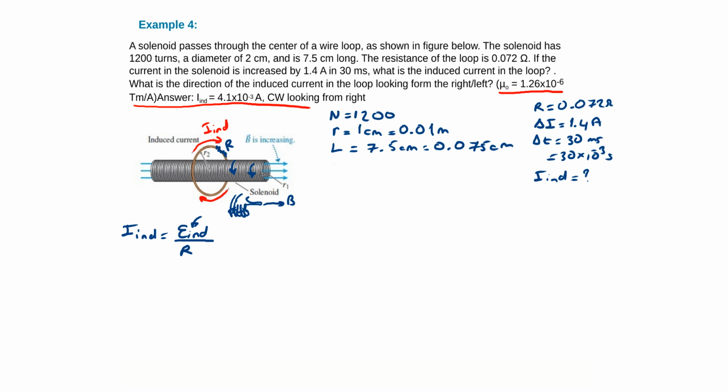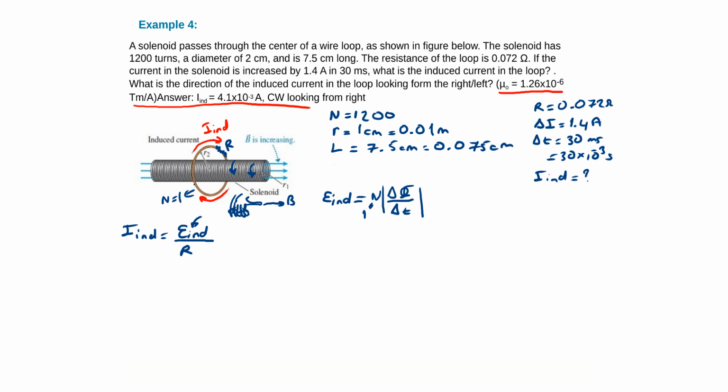How do I find it? Epsilon induced, due to the change in the solenoid, will be N times delta phi over delta T. I know delta T, so all I have to do is find delta phi. N is 1. That is the number of loops here. I'm looking at induced EMF on this loop, and the number of loops is for that loop, not the solenoid we have here.